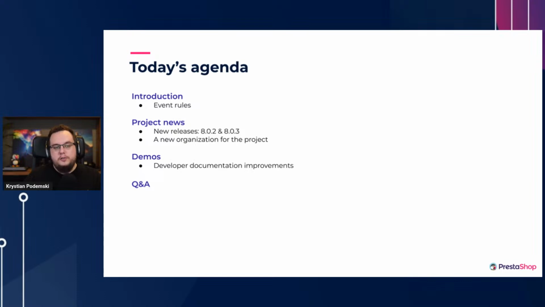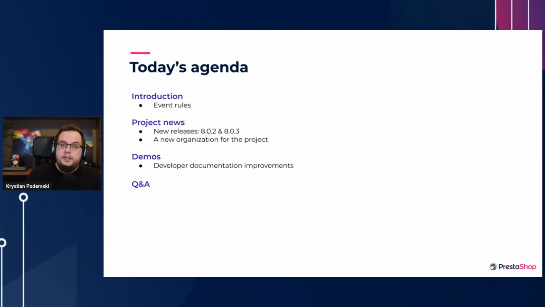First of all, as always, I will present you with the event rules. Then we go quickly through two new releases of PrestaShop 8, two patch versions. And then we will have quite big news regarding the project and project organization. Pablo will present how the new organization of the project will look like in the very near future.